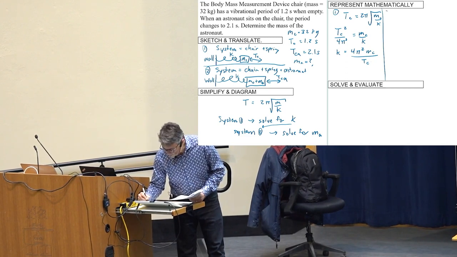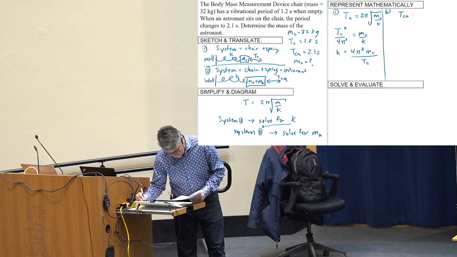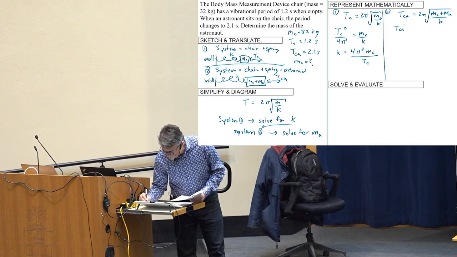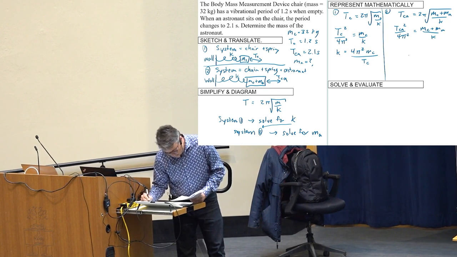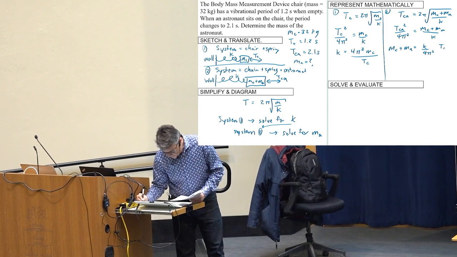And then system 2, the tca is equal to 2 pi times the square root of mc plus ma all over k. Divide by 2 pi, square both, get tca squared over 4 pi squared is equal to mc plus ma divided by k. And I can rearrange that, find mc plus ma is equal to k over 4 pi squared times tca squared.